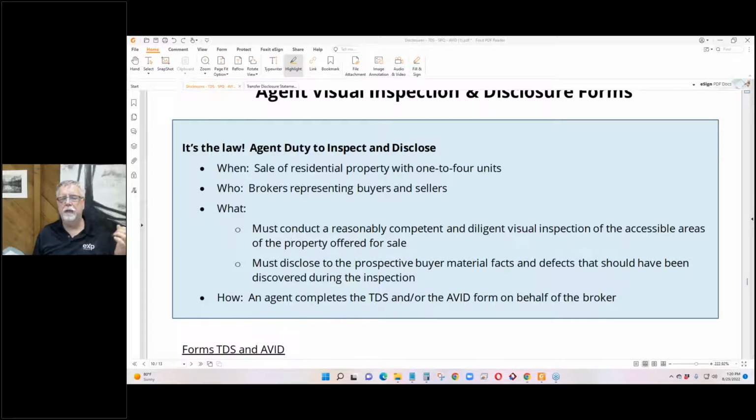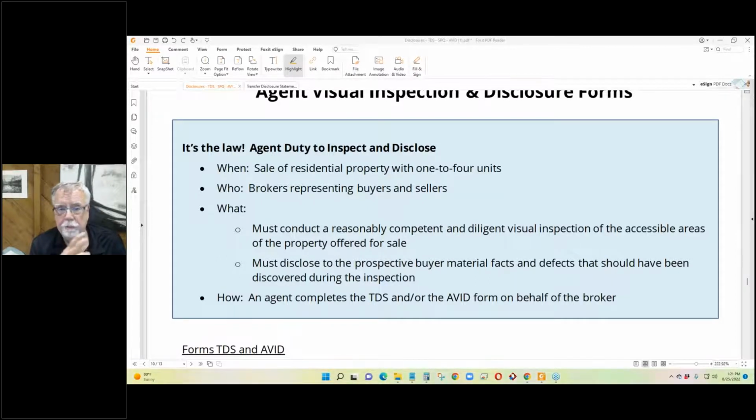Because if there was something obvious that the seller knew about but didn't put on the TDS, we would amend it. If it was something they weren't aware of, but the property inspector found it, we don't go back and change the TDS or the SPQ. I hope that makes sense.